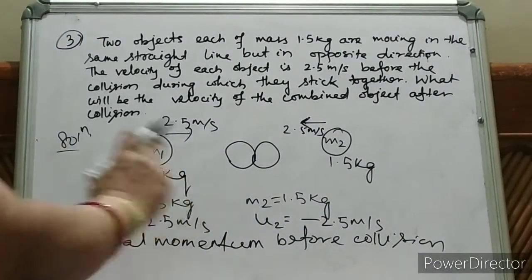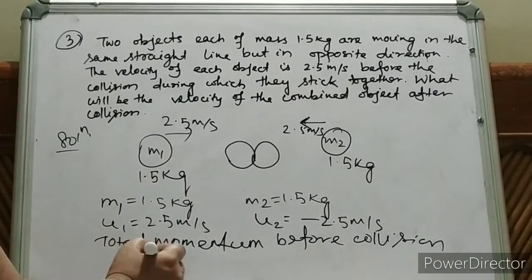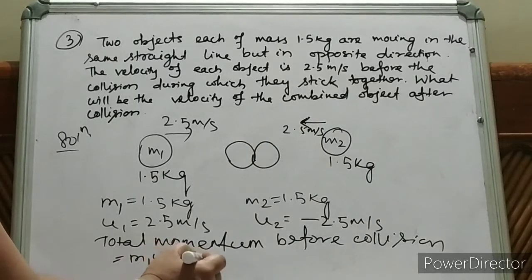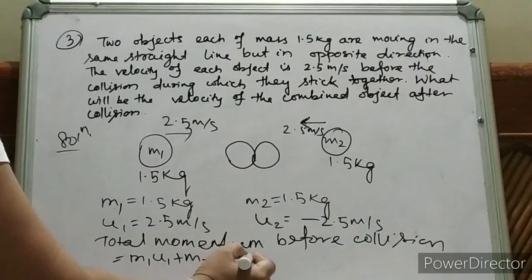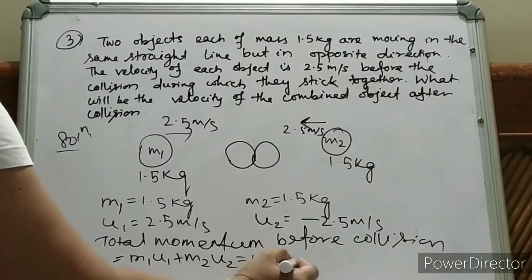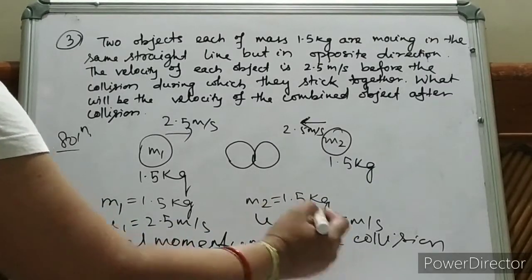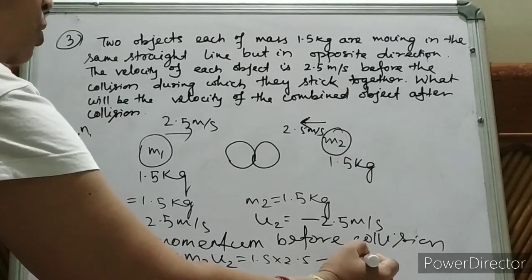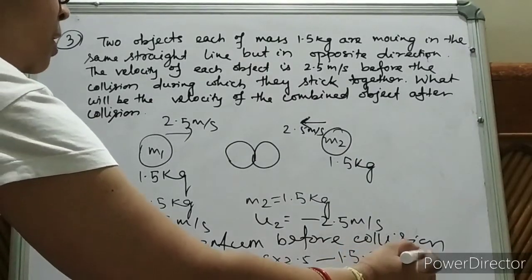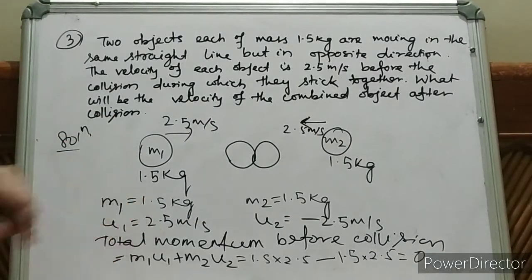M1 U1 plus M2 U2. So 1.5 into 2.5 plus M2 U2, and there will be a minus sign since U2 is negative. So again 1.5 into 2.5. So it will be 0. So total momentum before collision is 0.